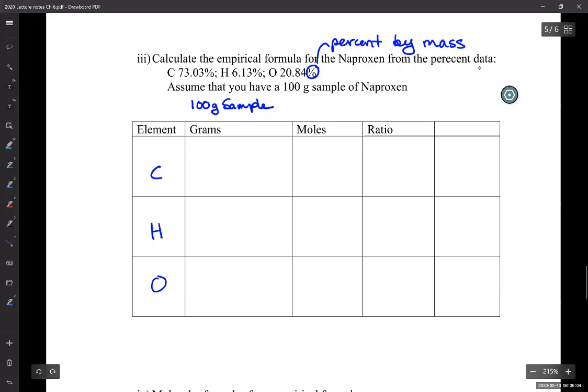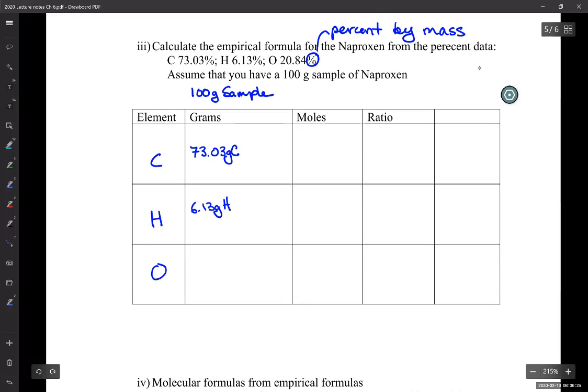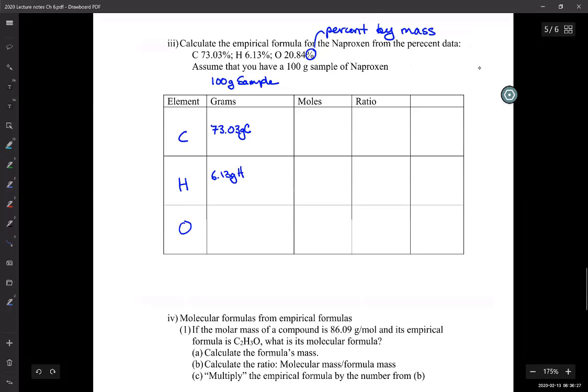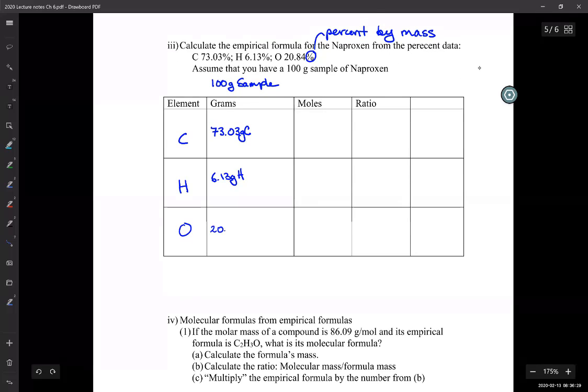I'm going to shove it all the way to the left here. And then how much hydrogen would I have? Yeah, 6.13. And then for the oxygen, I have 20.84, and this would be grams of oxygen.